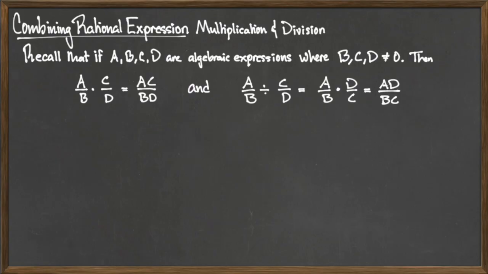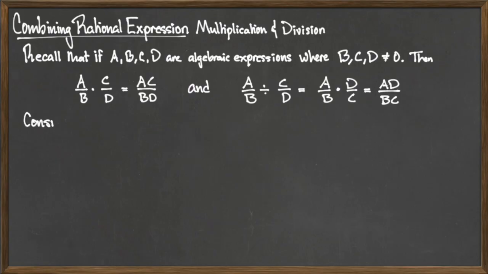But a over b divided by c over d means that I just take that second fraction, turn it upside down, or take its reciprocal and turn it into a multiplication problem. So a over b divided by c over d equals a over b times d over c, which gives me ad over bc. None of these rules care about common denominators, so we will find that multiplication and division problems with rational expressions are easier than addition or subtraction problems.